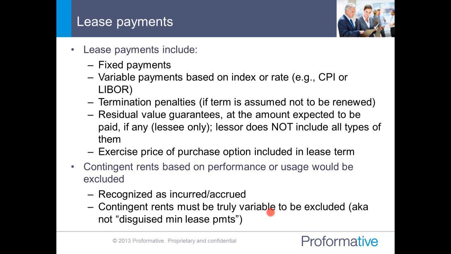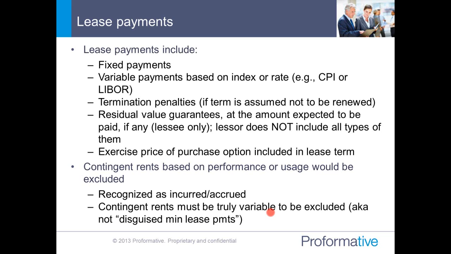But if there are contingent rents that are not truly variable rents, in other words, what in common parlance today would be called a disguised minimum lease payment, you would have to include an estimate of contingent rents that are not truly variable. In other words, there are leases out there, and a good example would be a mall that wants an anchor tenant to come in and wants to give them a very favorable lease, the lease might be based entirely upon contingent rents based upon sales.